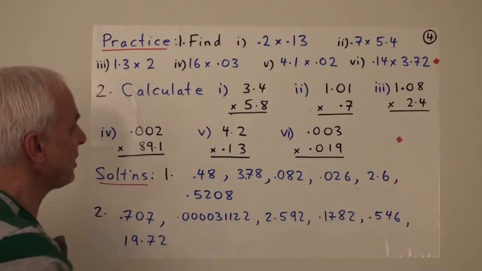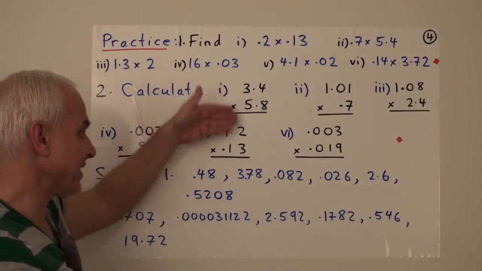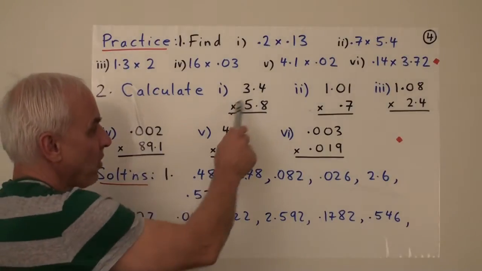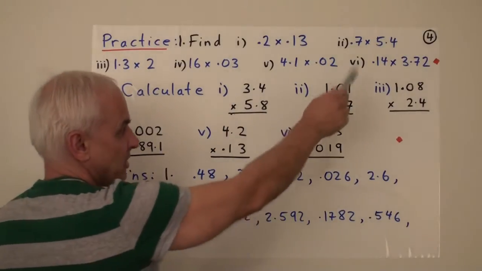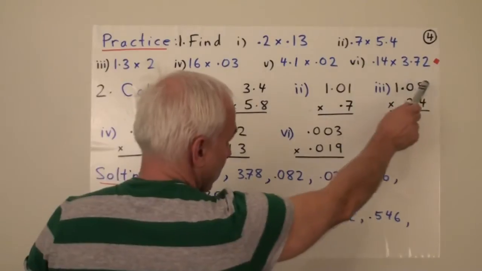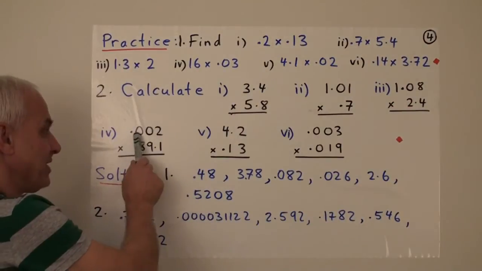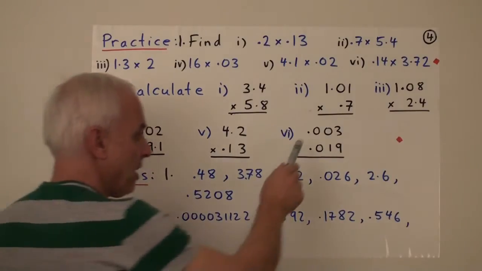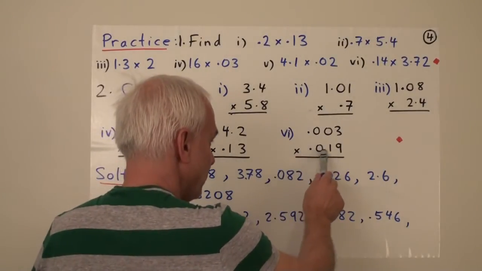And problem 2: calculate products where they're written one number over another. 3.4 times 5.8, 1.01 times 0.7, 1.08 times 2.4, 0.002 times 89.1, 4.2 times 0.13, and 0.003 times 0.019.